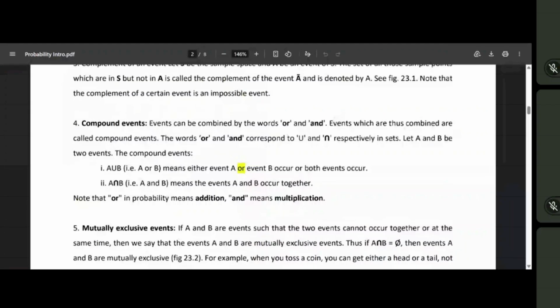It's like putting two or more events together. And the words that are normally used are the word and and the word or. And in probability, for that matter set, when you hear the word or, it means you are adding. We'll be doing examples and you get these ones. When you see or, it means you are adding. If you see and, it means you are multiplying.